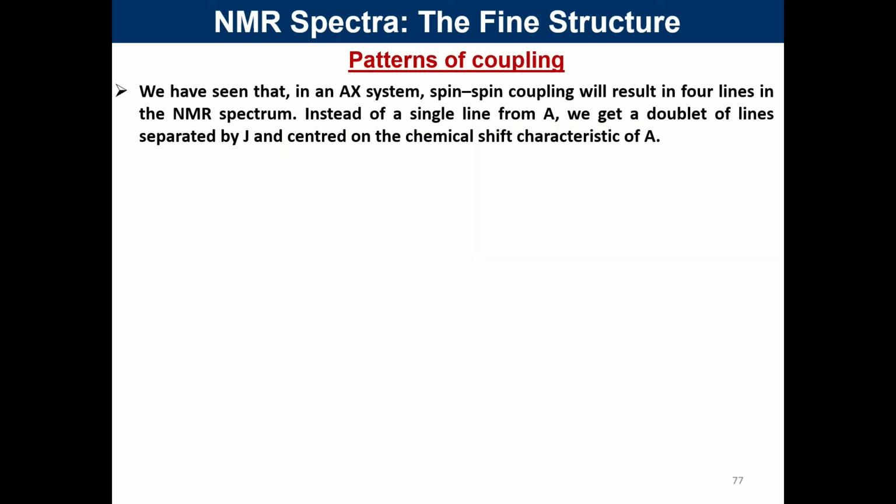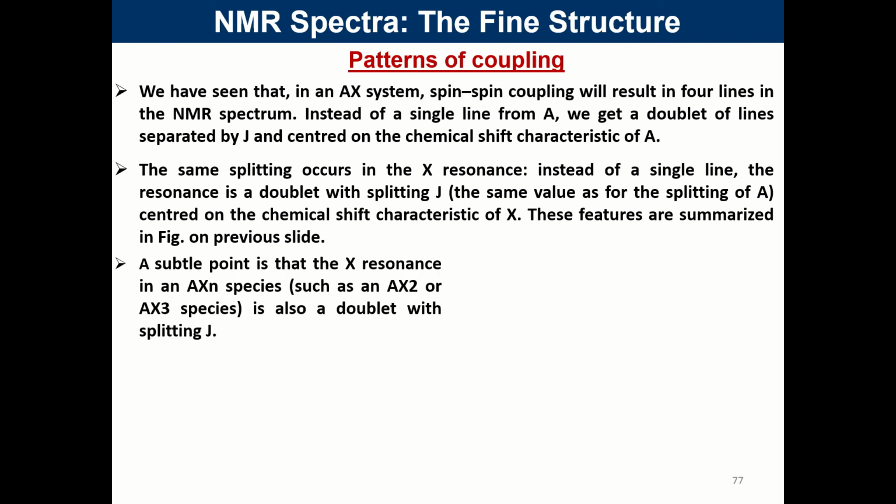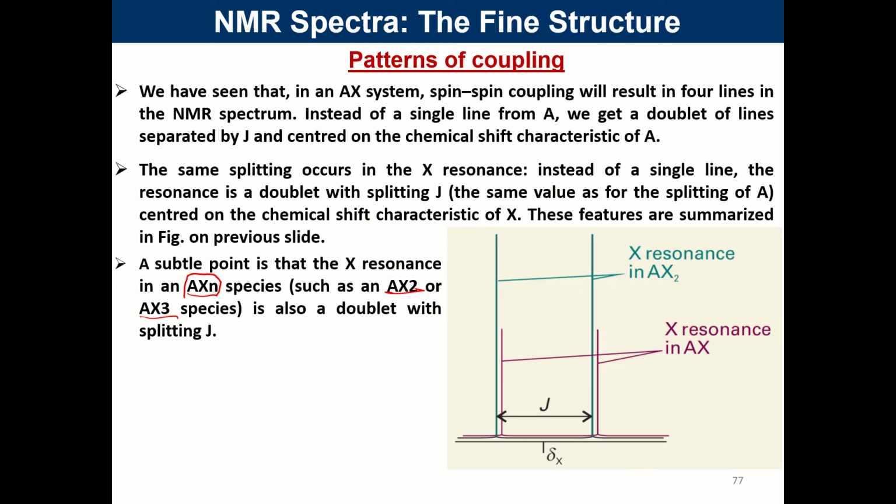So we have seen the same splitting pattern, so now we can also think of other species. Suppose you have a system where the number of X type nuclei is increased, AX2, AX3, what will happen? What will happen to the X? What will happen to A? The NMR signal of A, how will it behave?